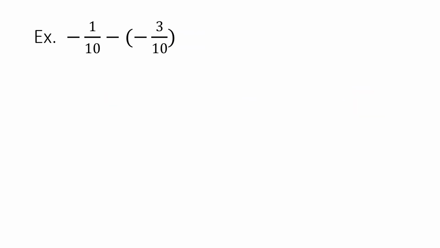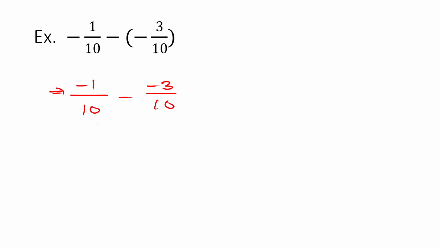And then last but not least, we have negative 1 over 10 minus negative 3 over 10. So first thing first, you want to put all the negatives into the numerator. So this minus and that minus. This negative goes here, this negative goes here, this minus stays in the middle.